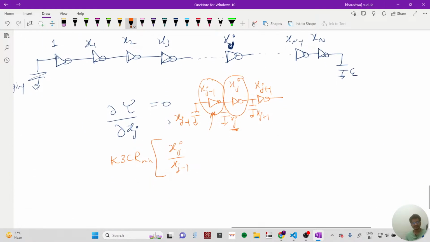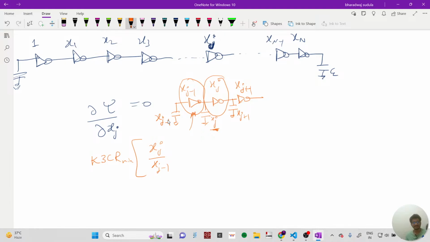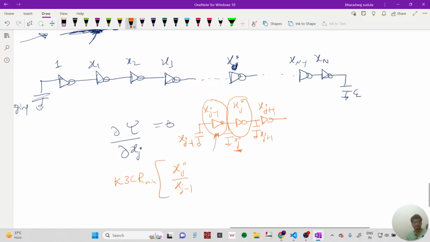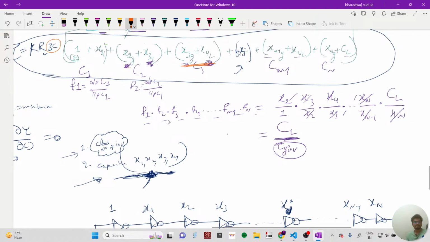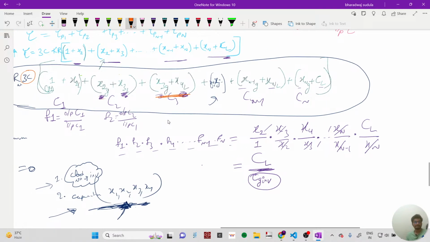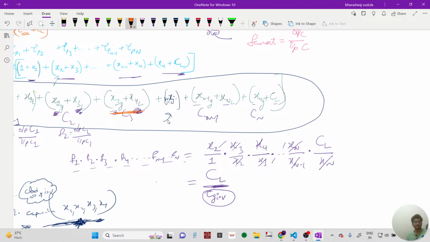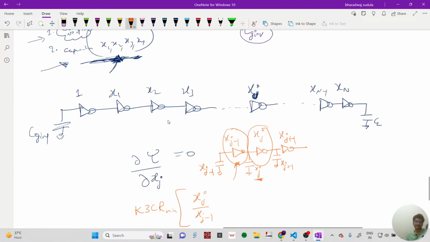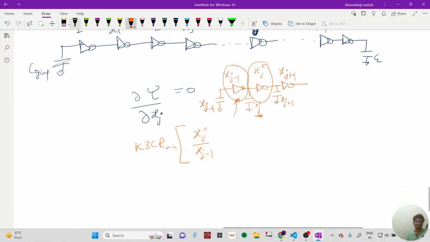I got stuck. Wait a second. Okay. What I'm saying is, okay, we'll go with the flow. Xj minus 1 input gate cap, xj.